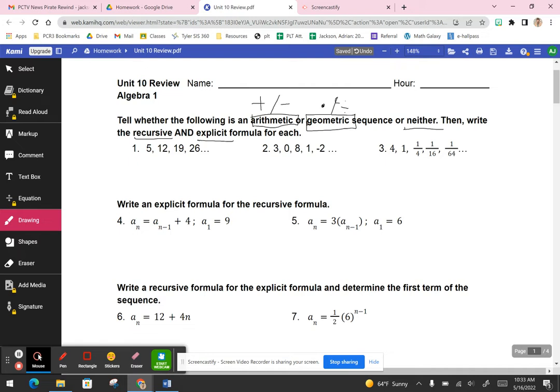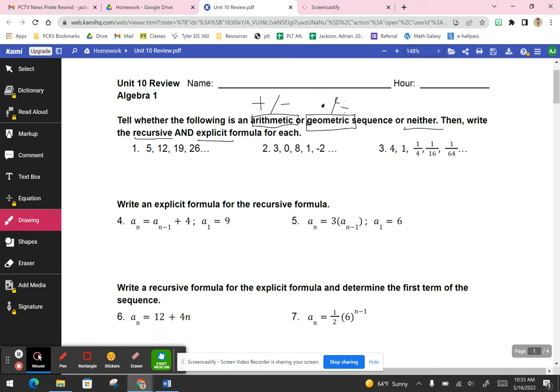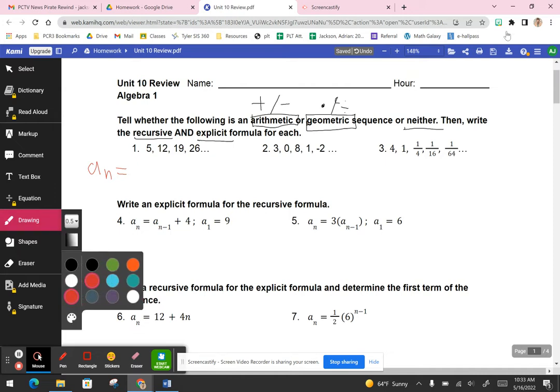So in your formulas, it looks like for the arithmetic explicit formula, you have AN equals, and then it says A1. Now you're going to replace A1 with what A1 actually is. And A1 is just your very first number. So that 5 right here.